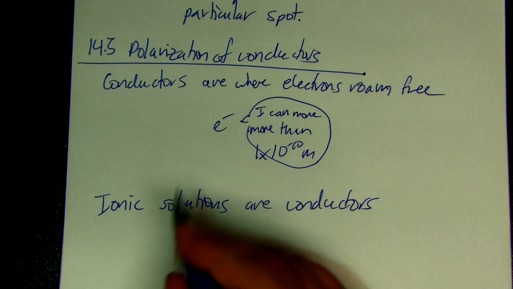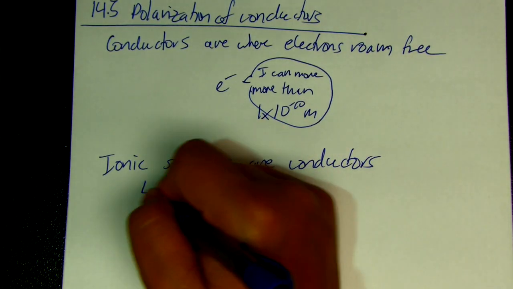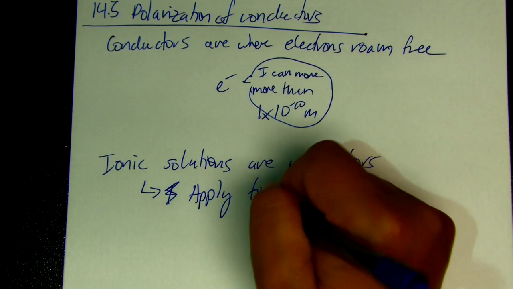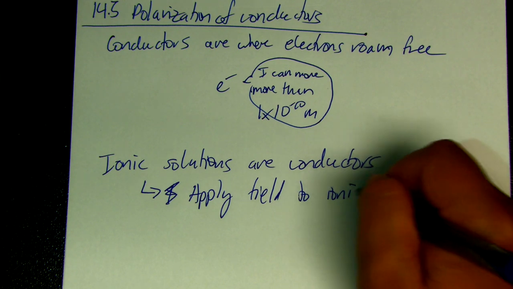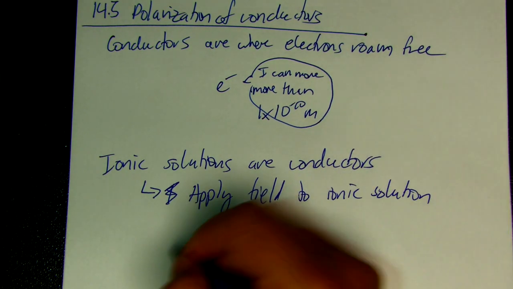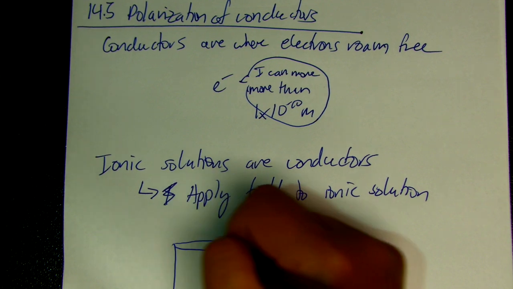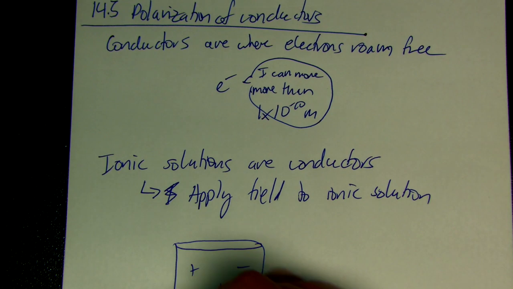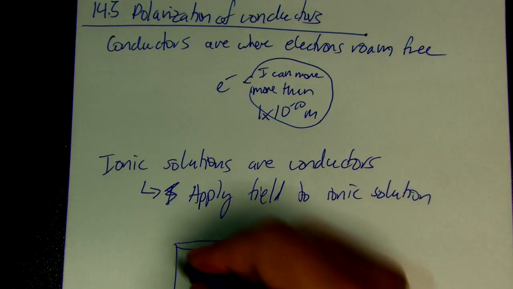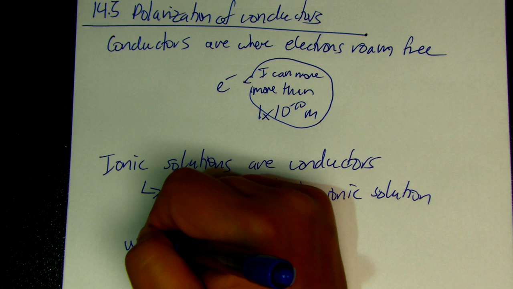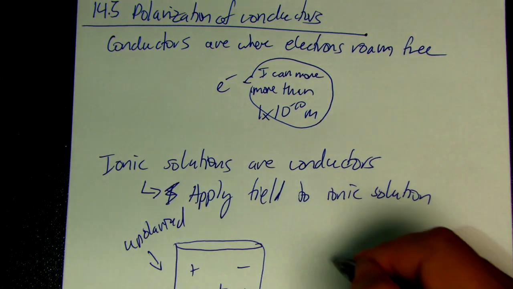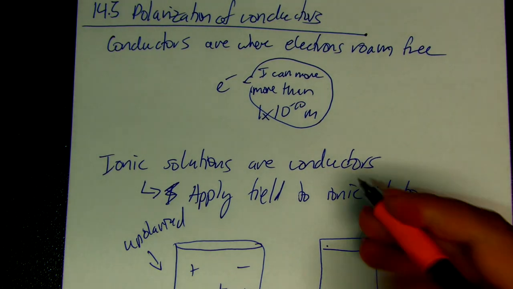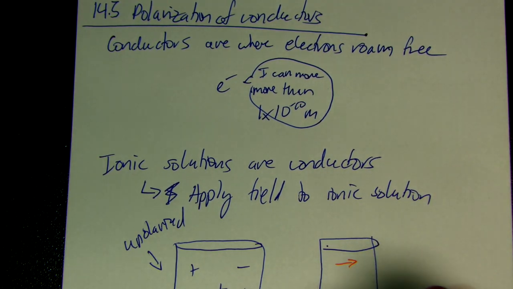And let's look at what happens when we apply a field to one of these solutions. So here you just have charges, they're all mixed up. So this is unpolarized. Now let's say we start to apply a field. So we have our field in orange.